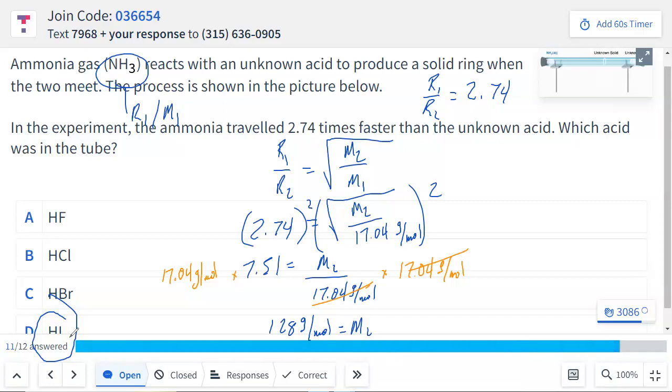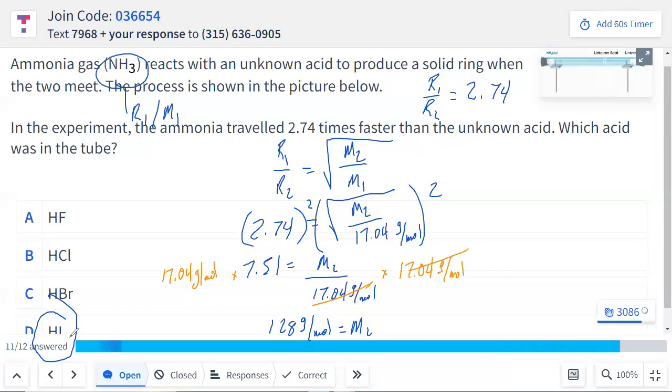So Graham's law has a lot of kind of interesting applications for us. First of all, we can use it to do things like this, identify unknown gases based upon relative rates of motion. We can also flip it around. If I know what the two gases are, I can predict how much faster one will travel compared to the other.